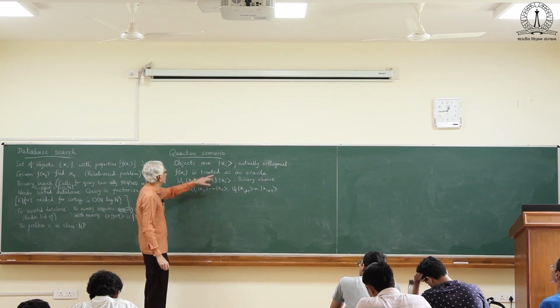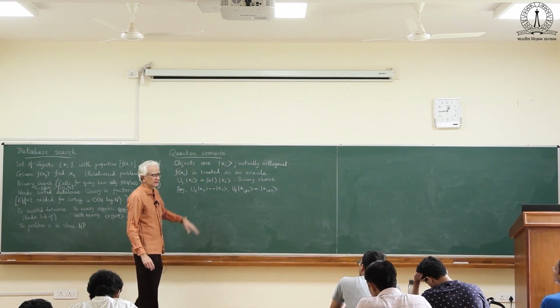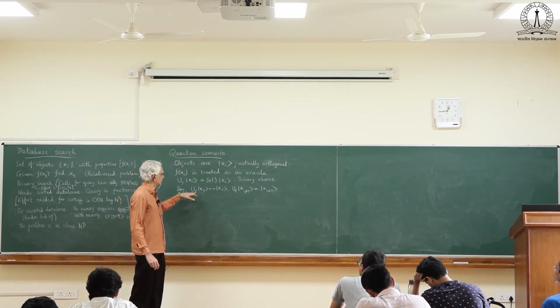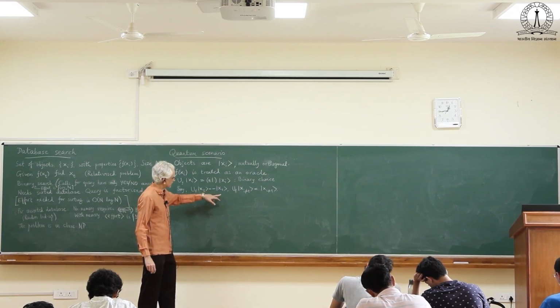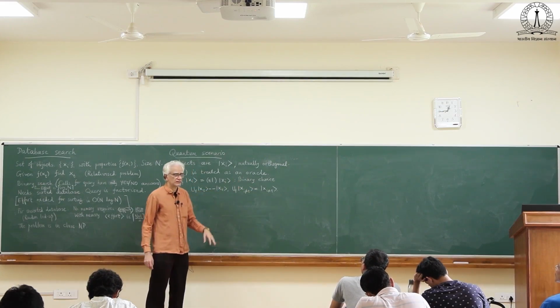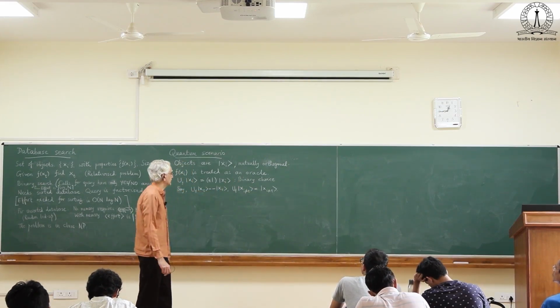So the target state is one of these possibilities, whatever it is, but we are given this particular function. If you have reached the correct one, it will give you the minus sign. If you have not reached the correct one, that is the plus sign.